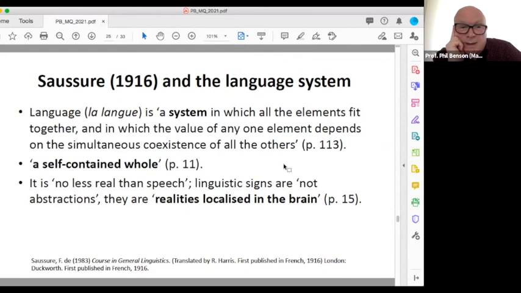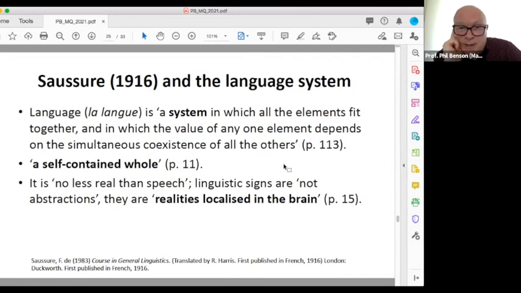And here, the three key ideas, I think, that are relevant from Saussure: firstly, the idea that language, or la langue, as he called it, is a system in which all the elements fit together and in which the value of any one element depends on the simultaneous coexistence of all the others. He also said that language was a self-contained whole.